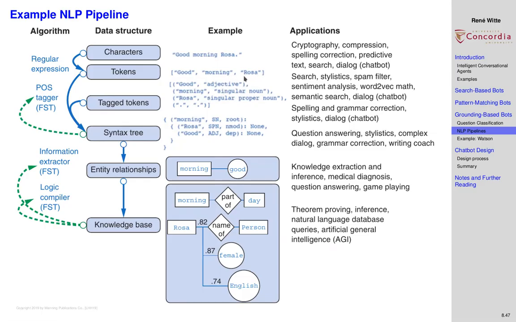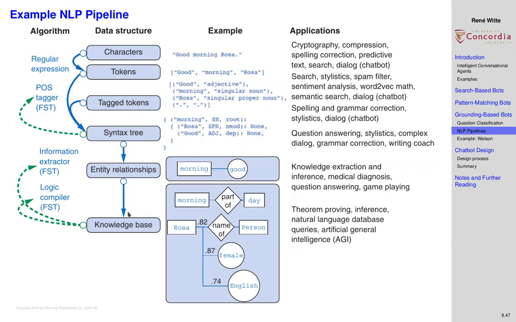We can find out which word is the subject in there and extract this and plug it into a SPARQL query, for example. So this is done with a step called part of speech tagging. We want to find out what is the part of speech, like noun, verb, adjective, adverb, for each token that we generated from the characters.